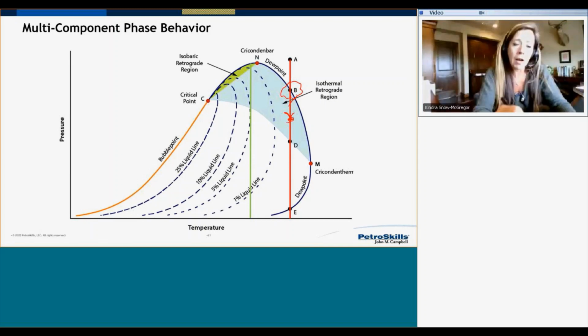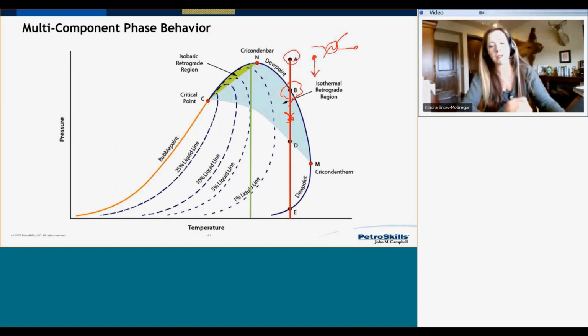And so that's why oftentimes what you will see is we will put in a superheater so that I can move my gas condition up to point A. So now when I take my pressure drop into my fuel gas system, I'm no longer going into the retrograde region. And so that's probably more than you needed to know in terms of phase behavior.